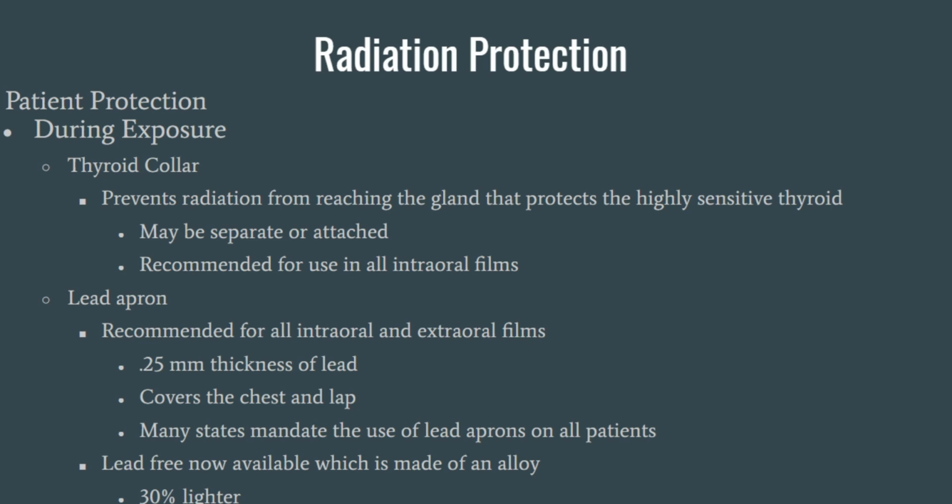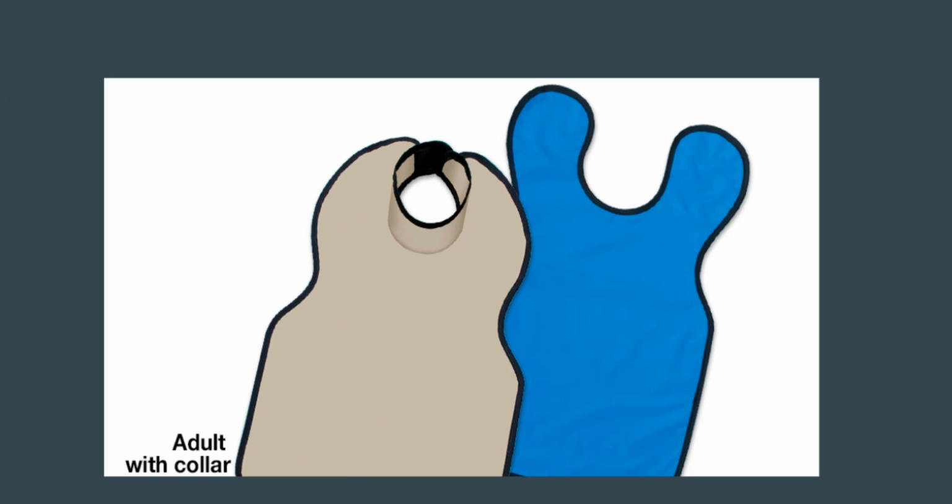Some of your patients will say how heavy the lead apron is. Some patients like it because they feel like it's a little bit of a security to them. But these alloy or lead-free aprons are 30% lighter. Just to give you an idea, if you've never seen a lead apron before, this is a picture of one with the thyroid collar attached and one without the thyroid collar attached.